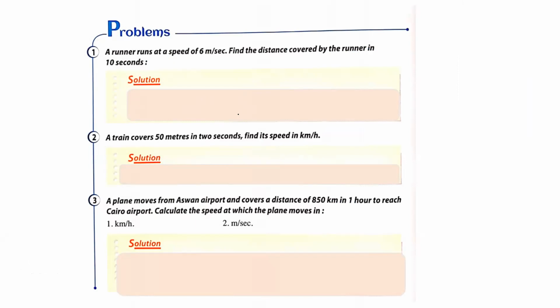Yes, Malak. A runner runs at a speed of 6 meters per second. Find the distance covered by the runner in 10 seconds. So the distance equals the speed, it will be 6. You have to write the law first, Malak. What would be the law for the distance? Distance equals velocity times time.